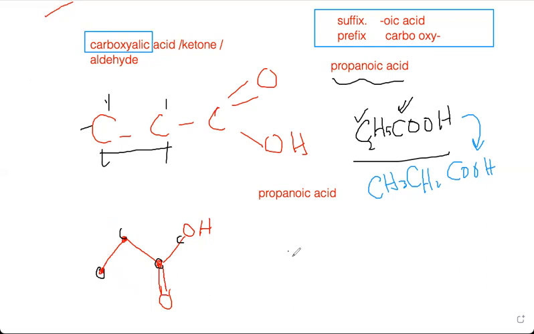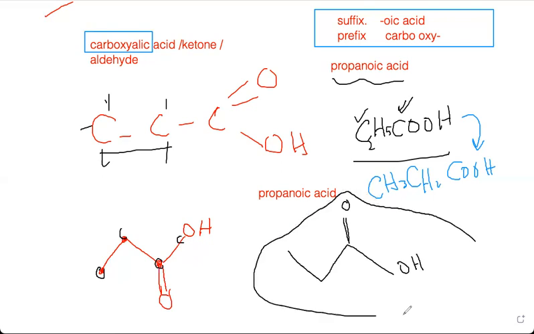But let me tell you one thing. Let's try to make it the other way around. See, 1, 2, 3. It looks better, and in this formula the things are clearer. So it would be better if you draw a skeletal formula like this. The rules are the same.